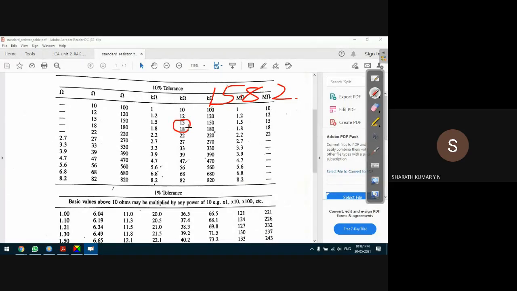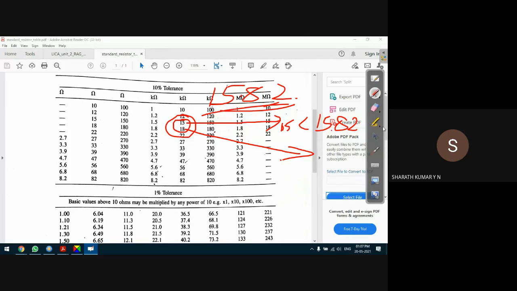Now what happens if you select 15, which is less than 15.82? It may not provide a proper Butterworth filter, because we are selecting a smaller value. It may not give the required response. If you select 18, it will be too much. So the standard resistor value is not suitable here.